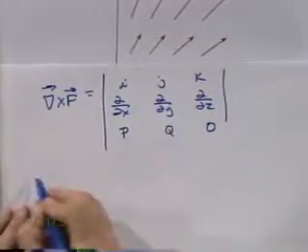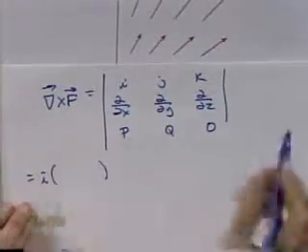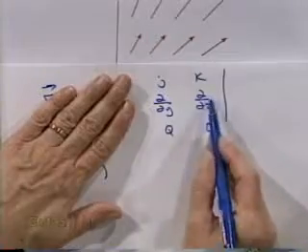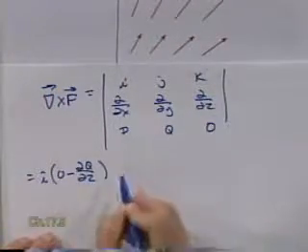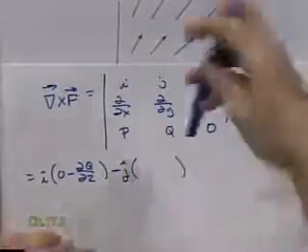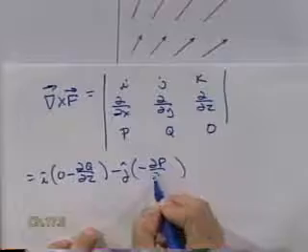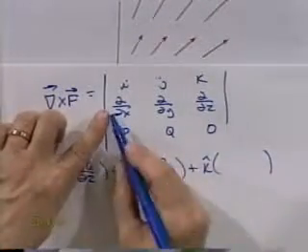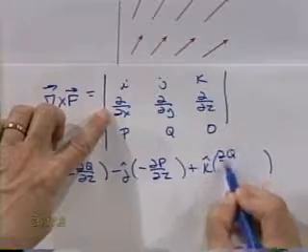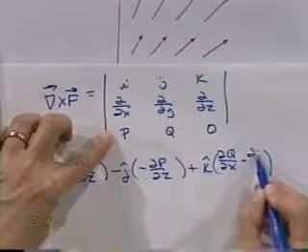Doing the curl, I get i times, that's 0 minus partial of q with respect to z, minus j, that's 0 minus partial of p with respect to z, plus k times, if we do this one, this is partial of q with respect to x, minus partial of p with respect to y.